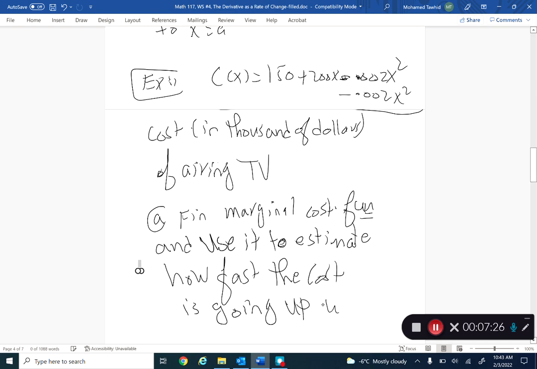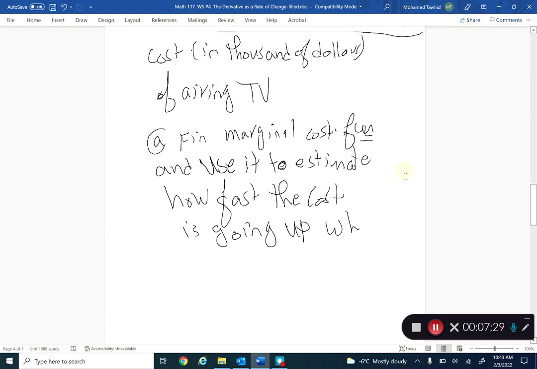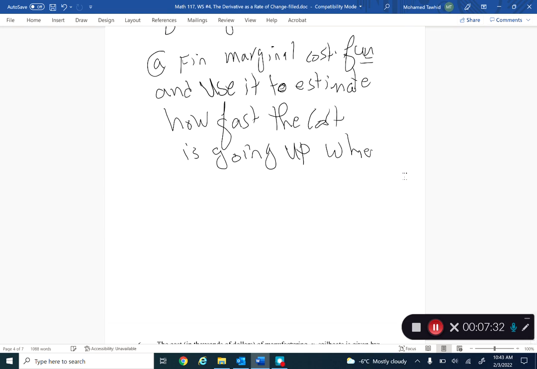I should write the question as it is written there. When x equals 4, right? So I need to get how fast the cost function is going up when x equals 4.